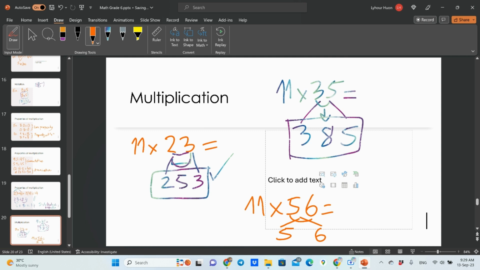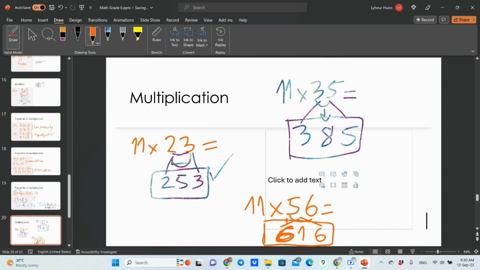But the middle can only hold one digit, so this is 11: put 1 here and carry 1. The 5 becomes 6, so the answer is 616. Let's check. Yes, 616.